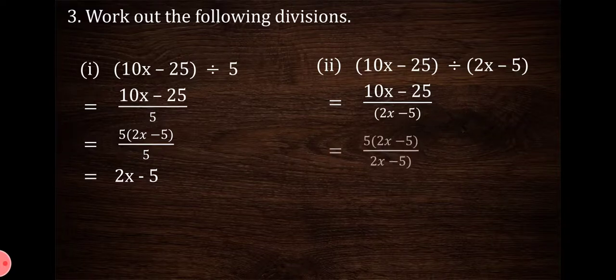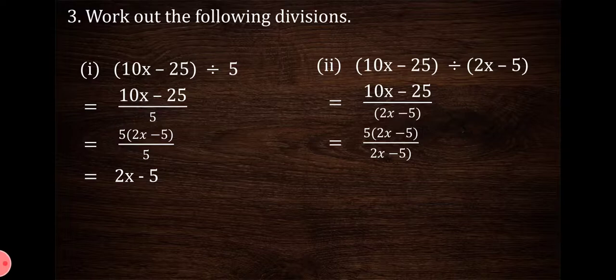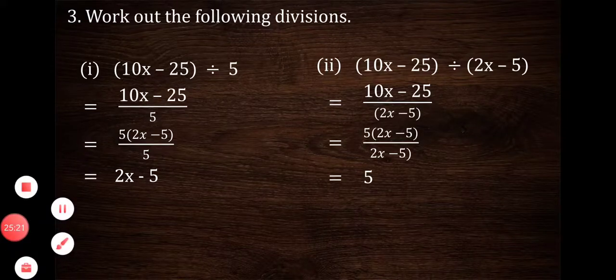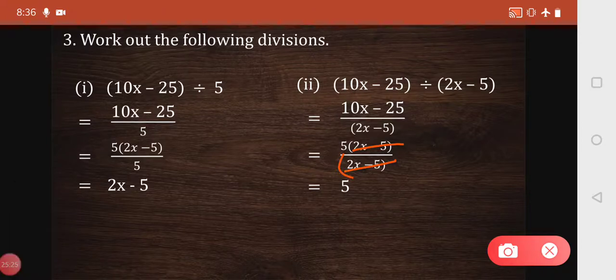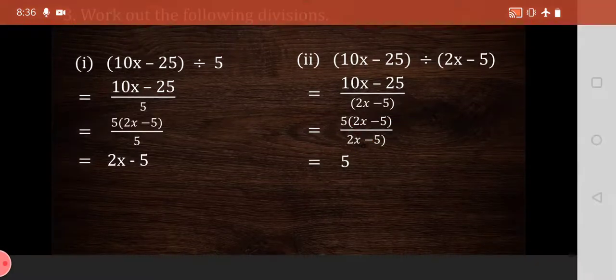From the numerator we will take out 5 common, so we get 5 into 2x minus 5 upon 2x minus 5. Now we can see that the numerator and denominator both have 2x minus 5. So we can cut it, and we will get 5. Here the bracket 2x minus 5, 2x minus 5 will be cut, and we will get 5 as the answer.